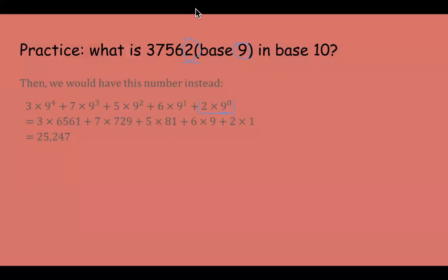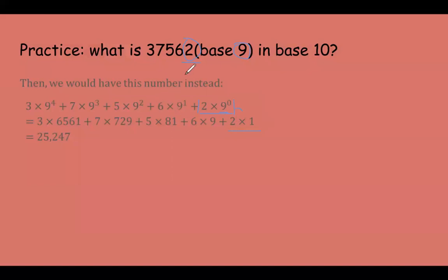You can type it in the chat if you want to. Yes, Jasper said 1, and that is indeed correct. Congratulations, Jasper. So since 9 to the power of 0 is 1, 2 times 9 to the power of 0 becomes 2 times 1.